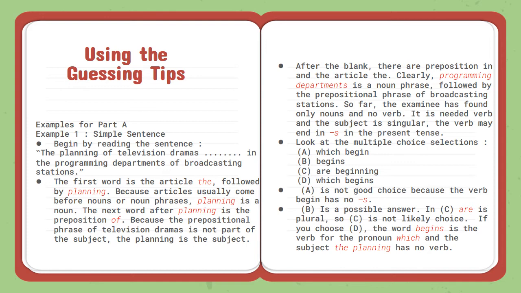A verb is needed, and the subject is singular, so the verb may end in s in the present tense. So look at the multiple choice selection here. A is which begin, B begins, C are beginning, D which begins. Alright, A is not a good choice because the verb has no s here. Just begin.